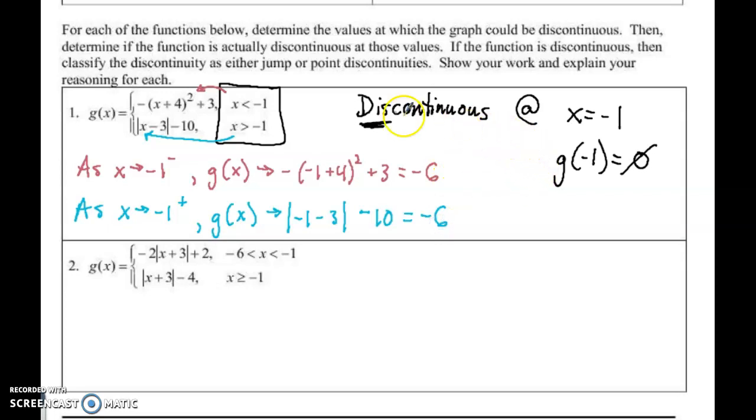All right, well, it's discontinuous. Now we just have to say, are these two values the same? Since it is, this is a point discontinuity, or a hole. I forgot to write discontinuity, sorry. Point discontinuity at x equals -1.